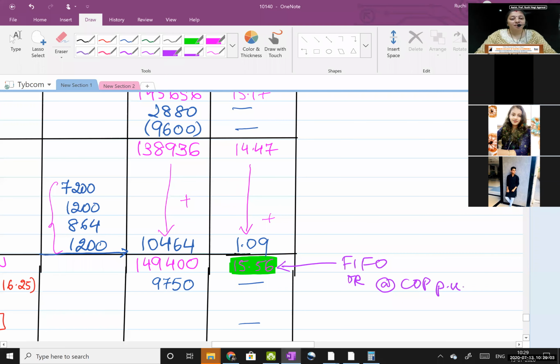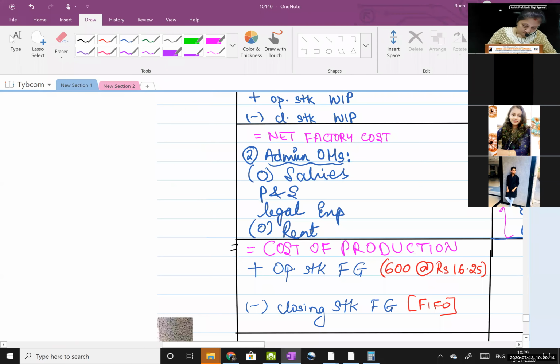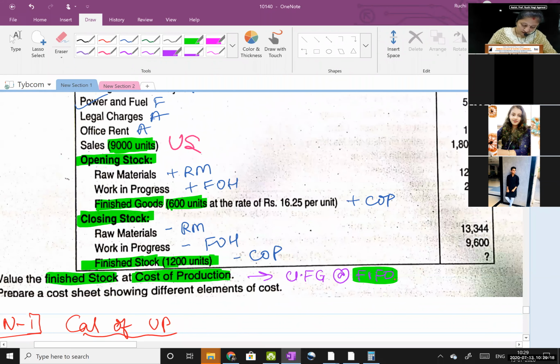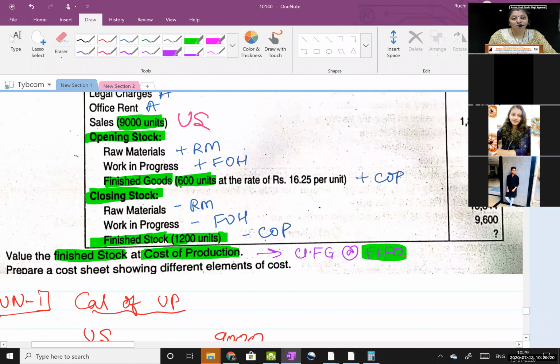So in the exam, if they tell you to calculate closing stock of finished goods at the rate of cost of production, you understand it is the FIFO method. Like here, see what is given: value finished goods at COP. COP means FIFO method.